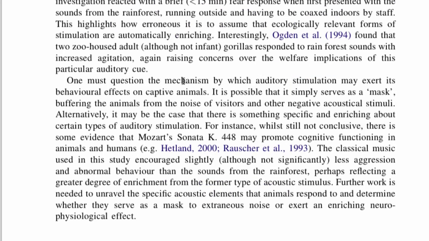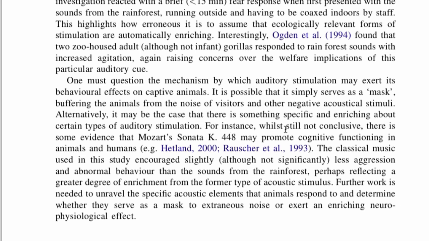Now down here we're talking about the mechanism behind auditory stimulation affecting these gorillas, okay, and they use this kind of phrase here. It is possible that it simply serves as a mask, buffering the animals from the noise of visitors. Okay. Alternatively, it may be the case that there is something specific and enriching about certain types.